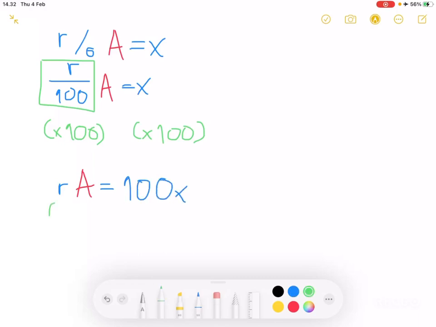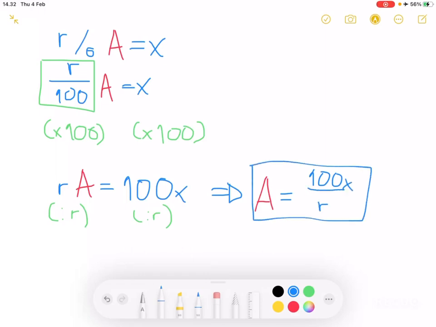And then finally we're going to get rid of the R right here. So we're left with A is equal to 100X over R. So this is just the overall formula for this type of question.